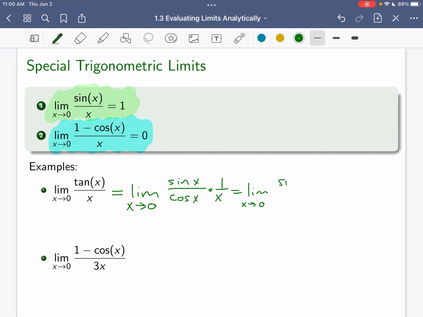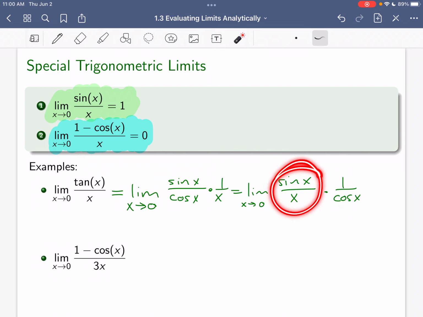That multiplication, we could then call sine x over x times 1 over cosine x. Then using our rules of limits, we can evaluate the limit of sine x over x separately from 1 over cosine x.